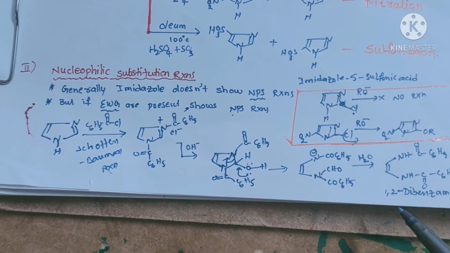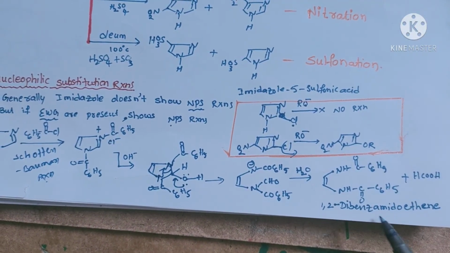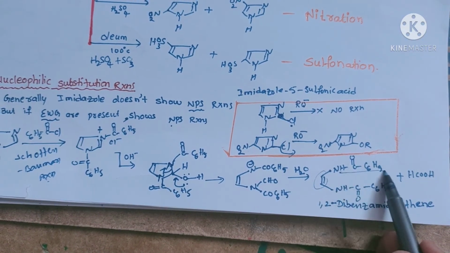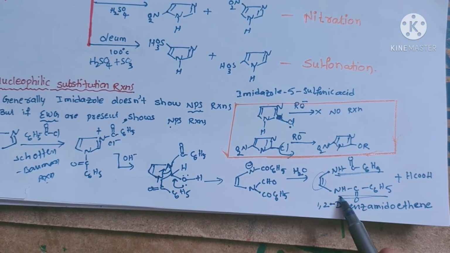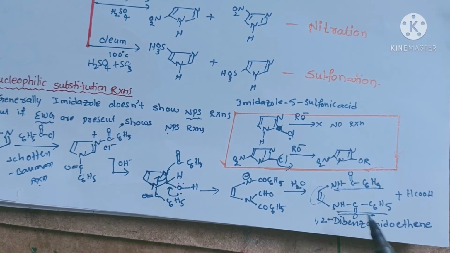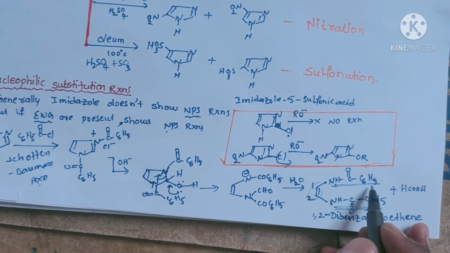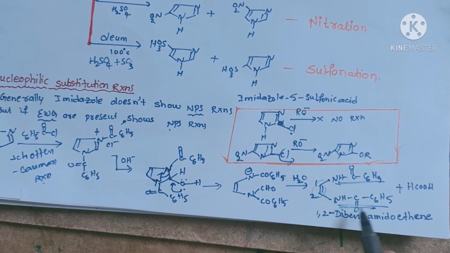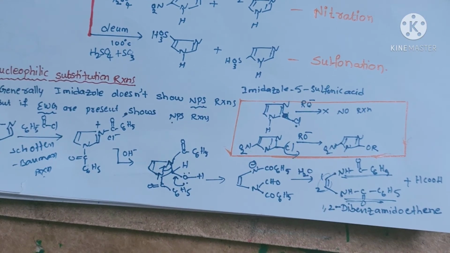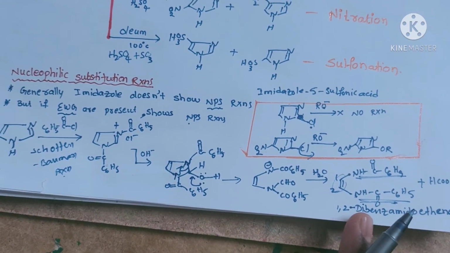And here we get 1,2-dibenzamidoethene. This is ethene, this is a benzamide, and two benzamides are there, so we can call it 1,2-dibenzamidoethene. So nucleophilic substitution here leads to ring opening.